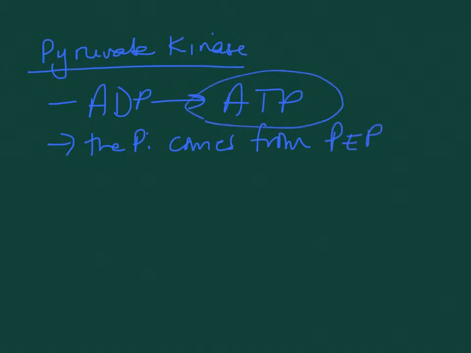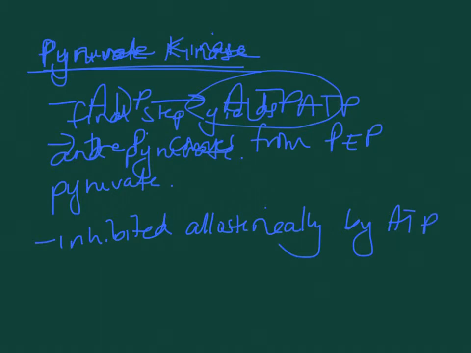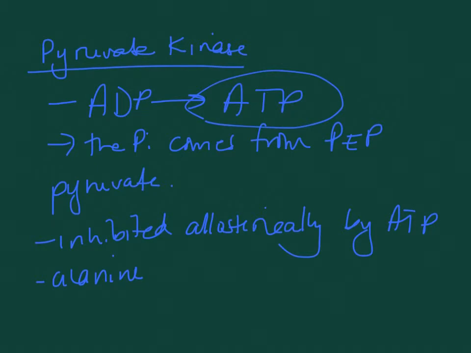So one product is ATP, the other product of this reaction is pyruvate. This enzyme is going to be inhibited allosterically by ATP in the muscle. It is also inhibited by alanine. Alanine is an amino acid, and it can be synthesized in one step from pyruvate. And so it also is going to allosterically inhibit pyruvate kinase.